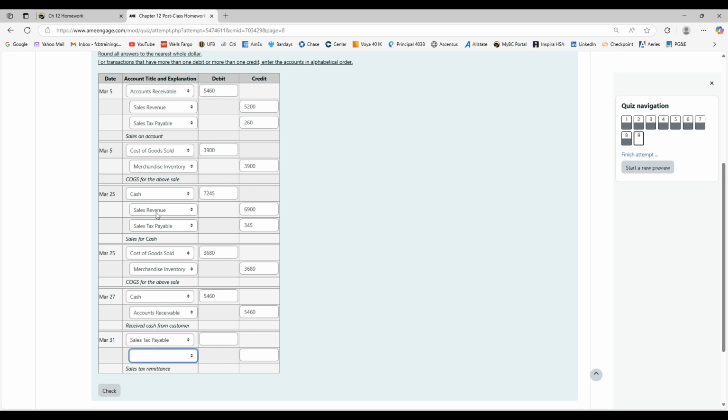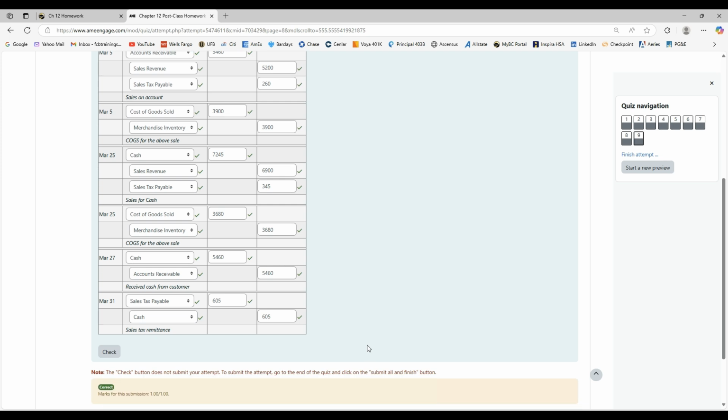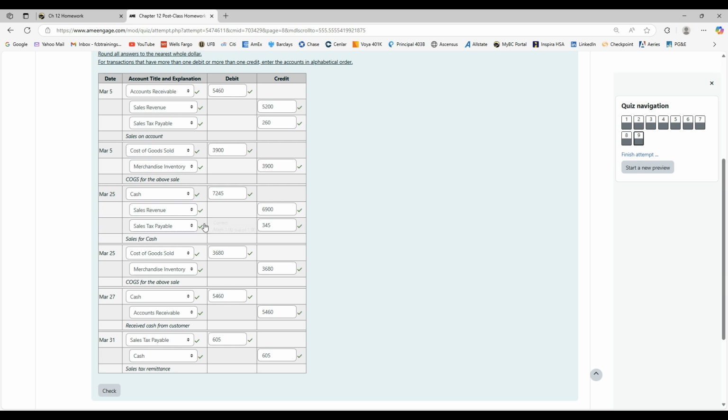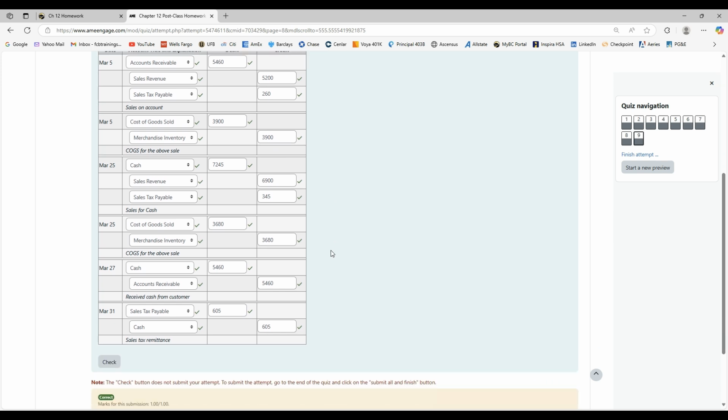Sales tax payable goes away, just like accounts payable would or some other payable, right? And then we pay it. Cash goes down, payable goes down, and we've remitted the sales tax to the government, essentially, on behalf of the customers. So hopefully pretty familiar from doing inventory and just general transactions for receivables and revenue and cost of goods sold and expenses and assets and all this stuff.